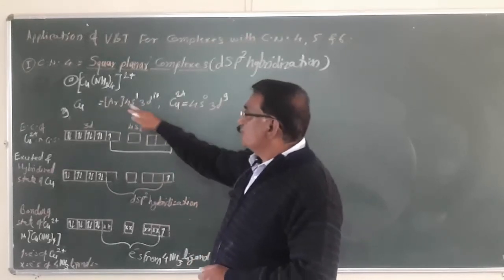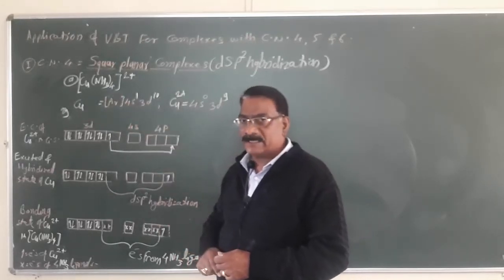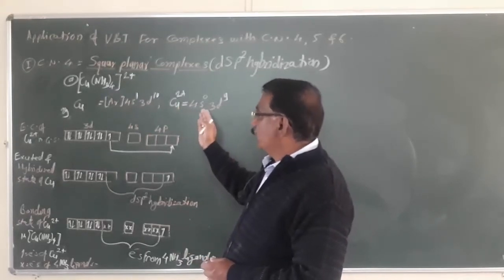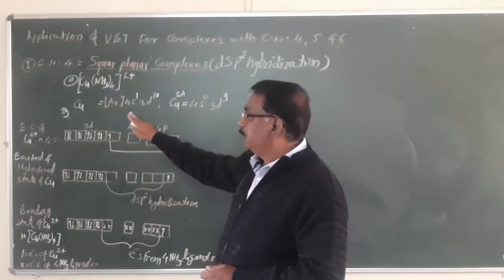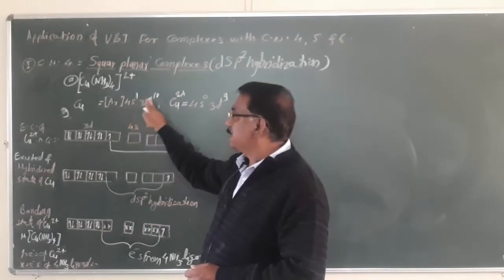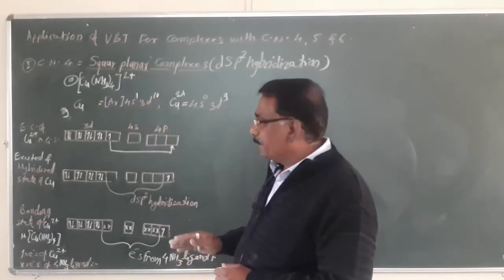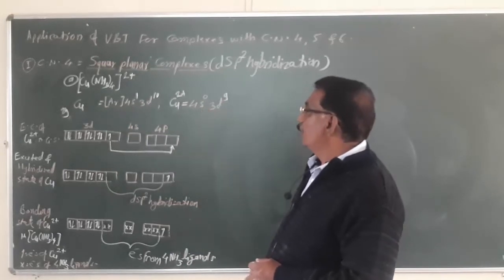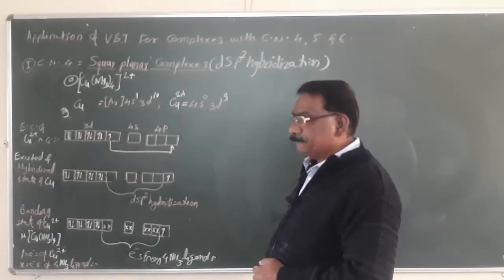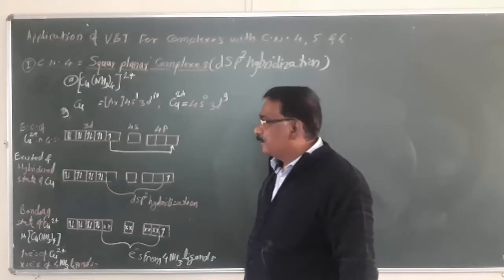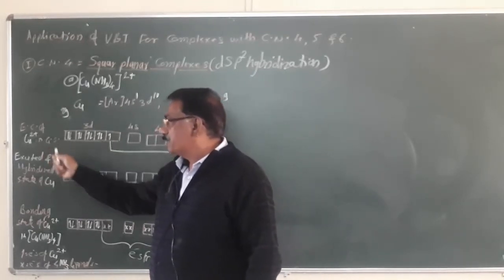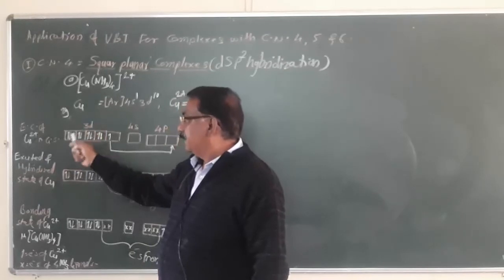Copper shows +2 oxidation state in this complex. So for copper 2 plus, 2 electrons are removed, one from 4s and one from 3d, and its electron configuration becomes 4s0 3d9.